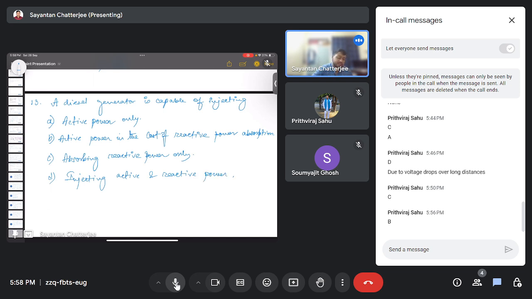A diesel generator is capable of injecting active power at the cost of reactive power absorption, as well as absorbing reactive power only, or injecting active and reactive power both.